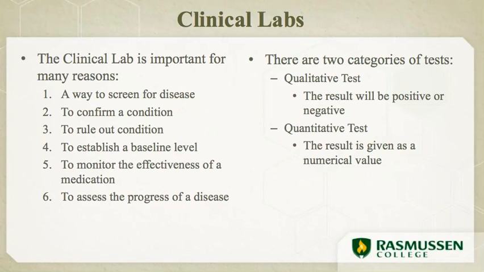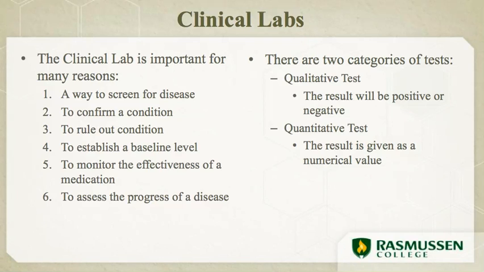Now, laboratory tests will generally fall into one of two categories. They will either be qualitative or quantitative. Qualitative tests will give you a result that is either positive or negative for the presence of a specific substance. So for example, if you're doing a pregnancy test, your results will either be positive or negative.